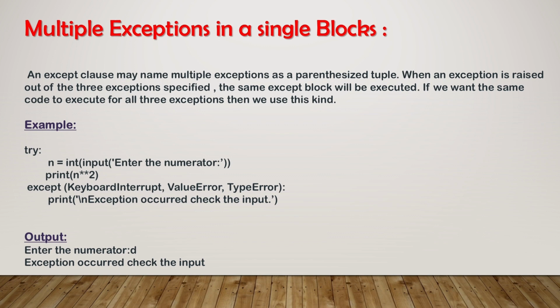This is called multiple exceptions in a single block. Here we have given the 3 exceptions: KeyboardInterrupt, ValueError, TypeError. If we get any of these 3 exceptions, then we get the output "exception occurred". Check the output.